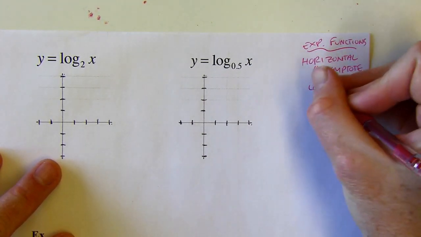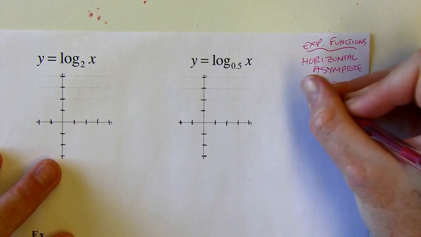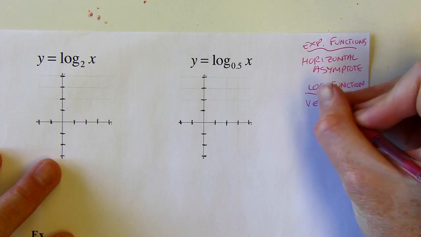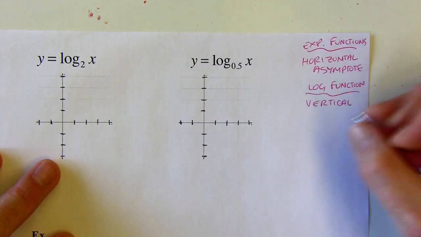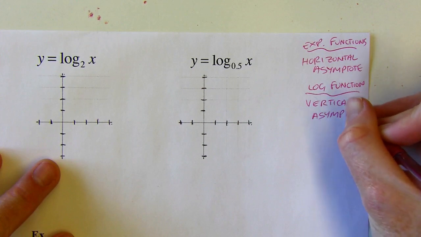And a log function will have a vertical asymptote. Worth remembering that, just memorizing it.